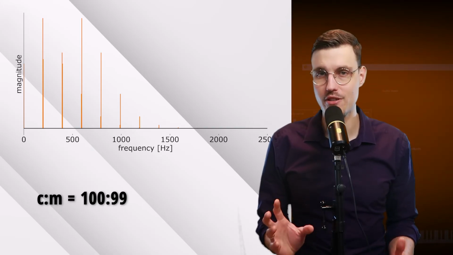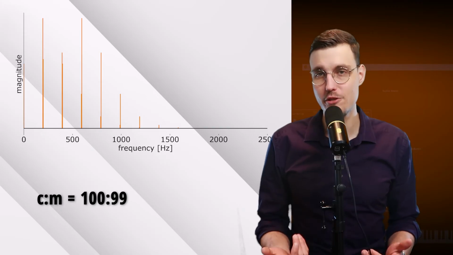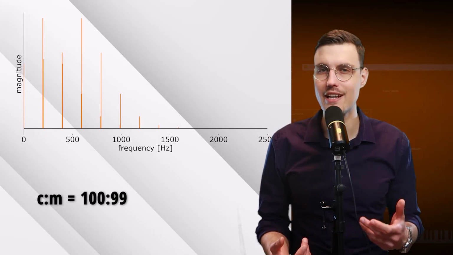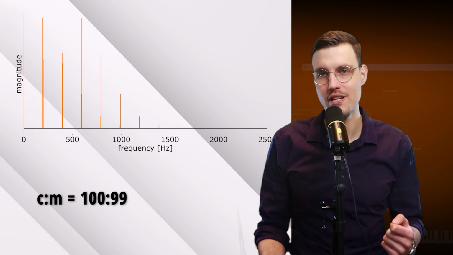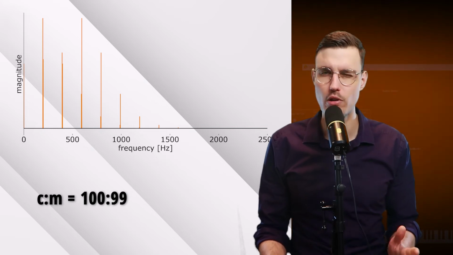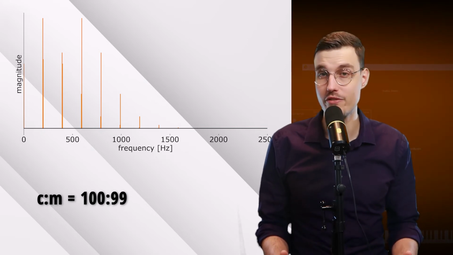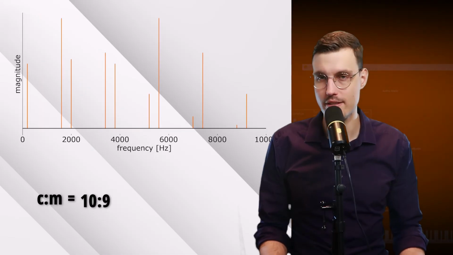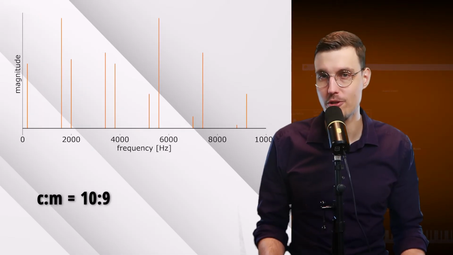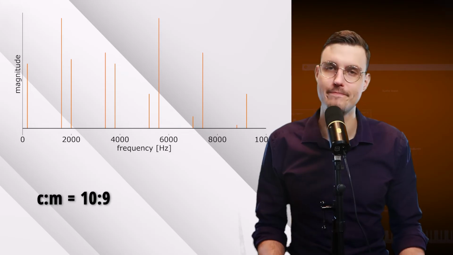Apart from the rational ratio requirement, the literature says that if we want to obtain a clearly audible pitch, the numbers in the ratio should be relatively small. Well, what if they aren't small? Let's listen to an example with the C to M ratio equal to 10 to 9.